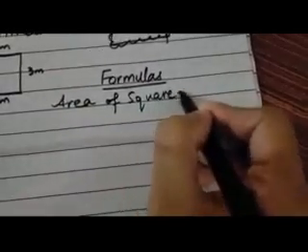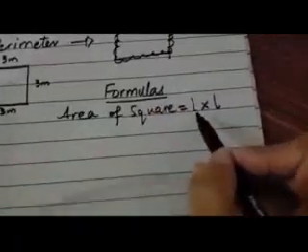These are the formulas for the square. Area of square is equal to length into length. As you know that all sides of the square are equal in length, that's why we will multiply length into length to find out the area of the square.